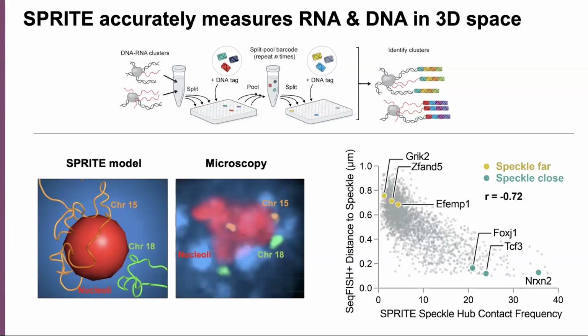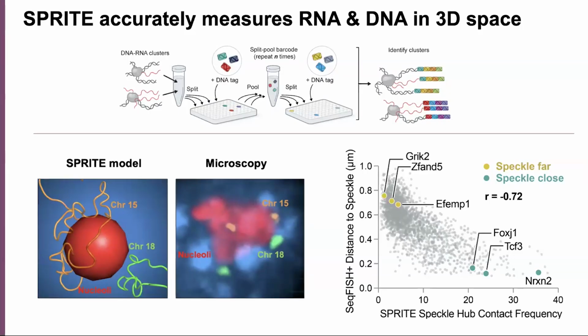The distinction between these is that our SPRITE model allows us to generate this genome-wide across all DNA regions simultaneously versus having to pick out specific sites, and can generate these models at much higher resolution. The model on the left gives us kilobase resolution versus megabase resolution for the image on the right.